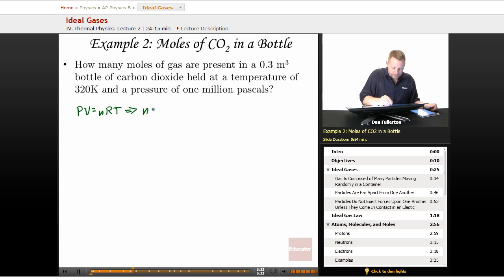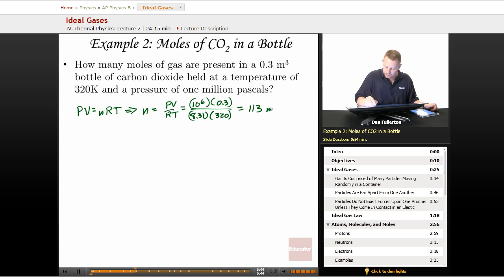Therefore, n, the number of moles, is going to be equal to PV over RT, where our pressure is 1 million, or 10 to the 6 pascals. Our volume is 0.3 cubic meters. R, our universal gas constant, is 8.31, and our temperature is 320 K. Gives me about 113 moles.